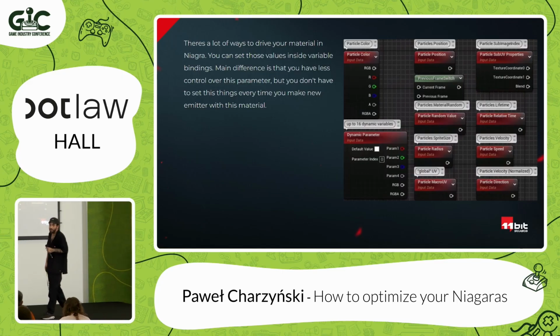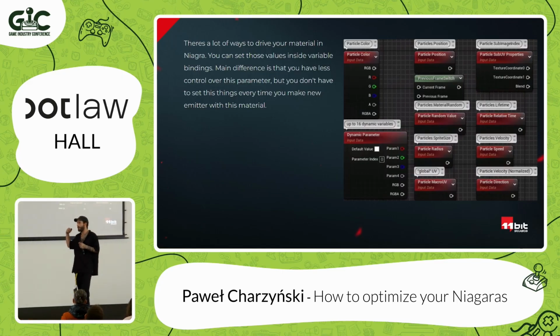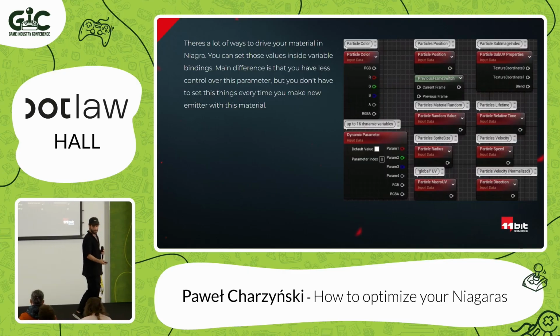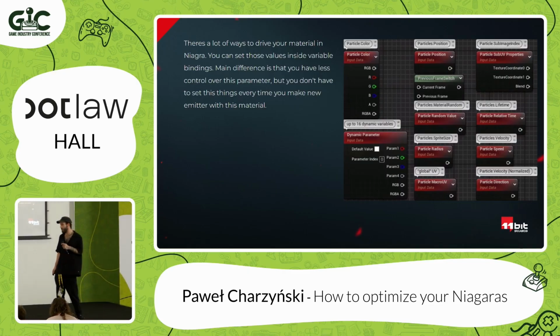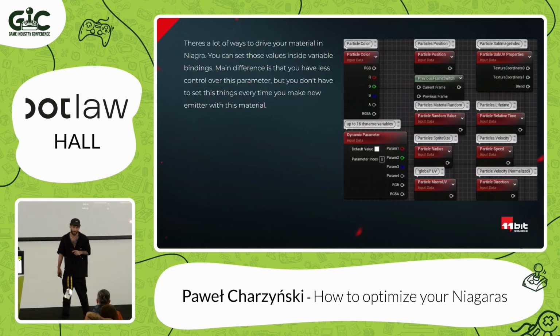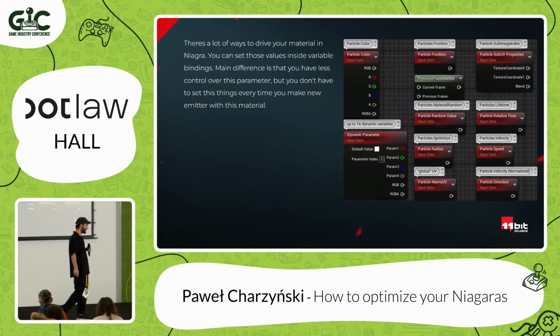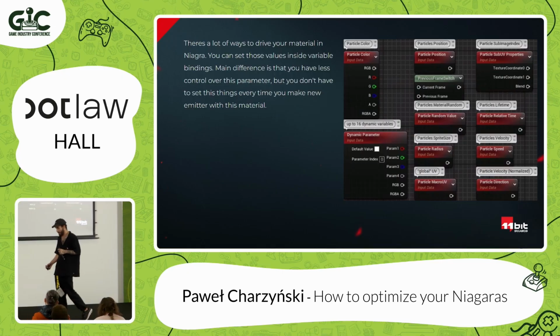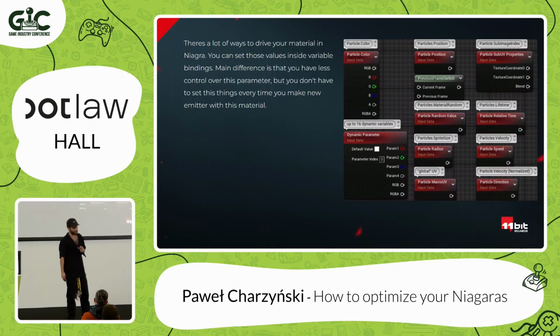You don't have to put float values there. You can map it to anything you want, basically. It is really, really useful. I recommend you download the Matrix demo of Unreal 5. There's a really great shader that uses the mapping of vertices to the dynamic parameter inside the Niagara there. And it's, of course, free on the Epic.